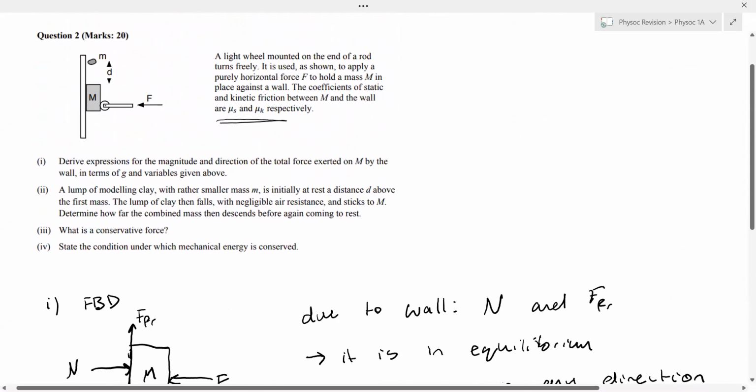The next part is, now that we're dropping a lump of clay on the bigger mass, it's going to move a little bit. We're neglecting air resistance, it sticks to M, and we're going to say how far it's going to slip down before it's in static equilibrium again. So how much does it slip as a result of that combined velocity due to the collision?